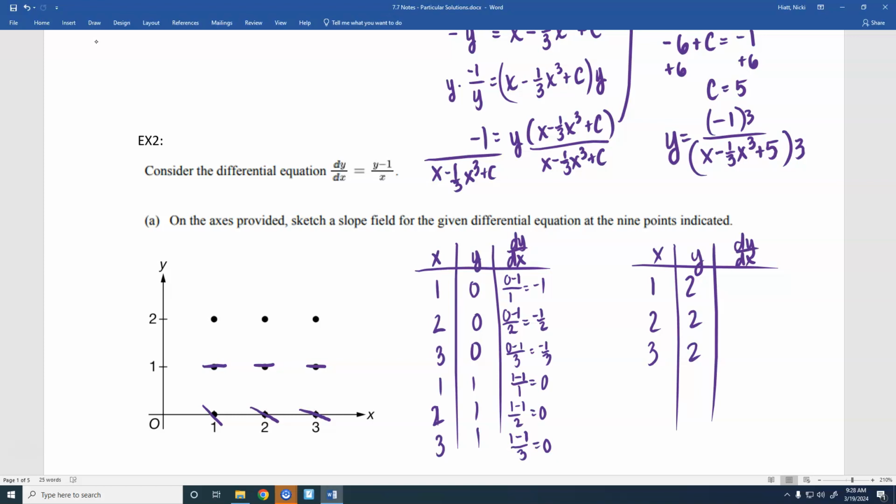And then we're going to have 2 minus 1 over 1, which will give me positive 1. So we have a slope of positive 1 for this first one. We're going to have 2 minus 1 over 2, which will give me positive 1/2. And 2 minus 1 over 3, which will give me positive 1/3 for that.